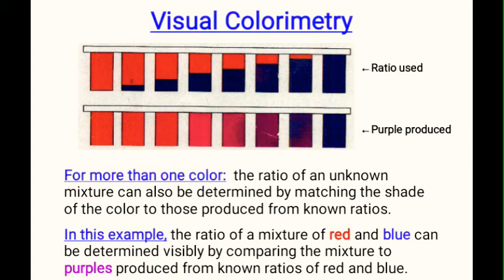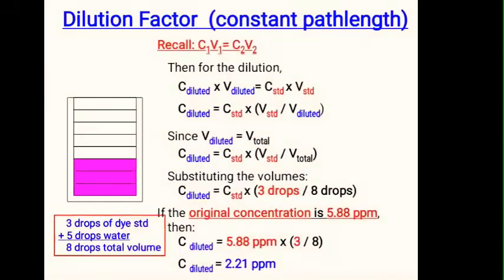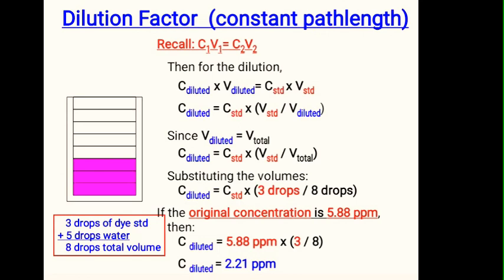In this example, the ratio of a mixture of red and blue can be determined visibly by comparing the mixture to purple produced from a known ratio of red and blue color. So totally, this instrument works on a physics theory.